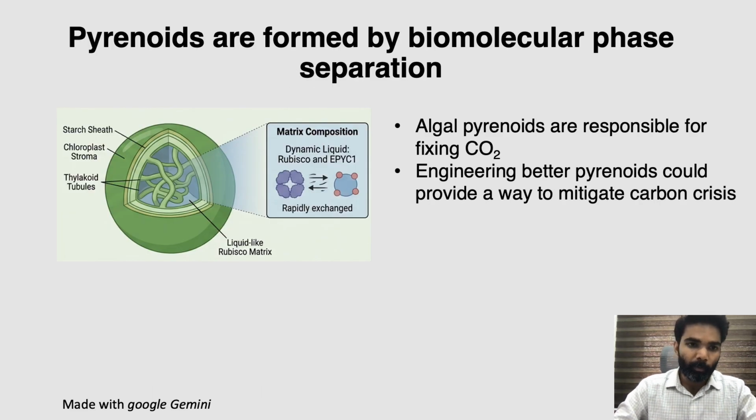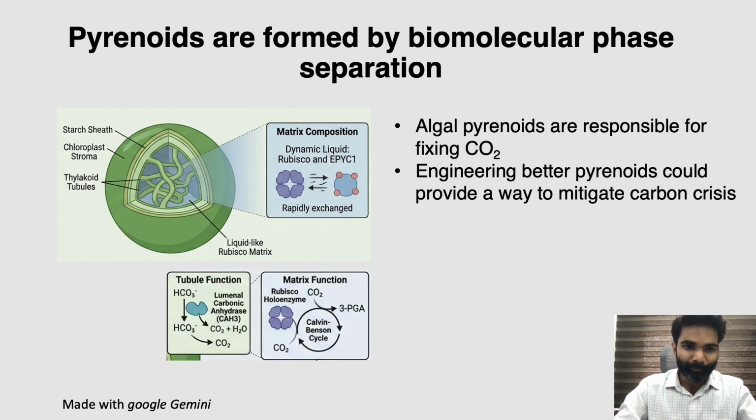For people that don't know about pyrenoids, these are essentially the compartments inside the algal chloroplasts which are responsible for fixing carbon dioxide. And this is particularly important when we think about engineering better pyrenoids, because that could mitigate the carbon crisis that we currently know that we have.